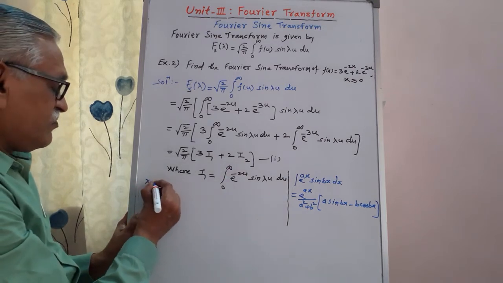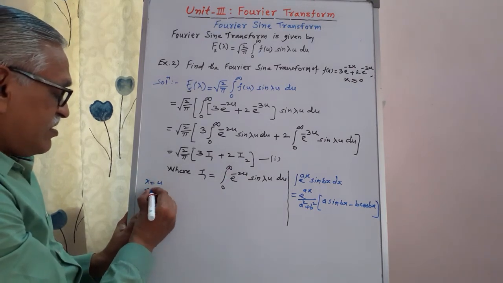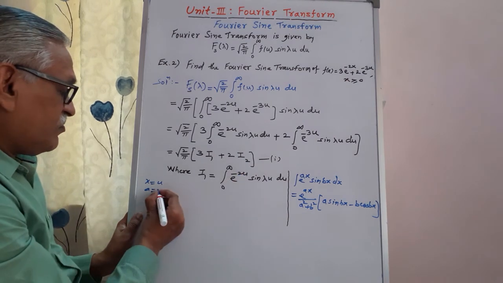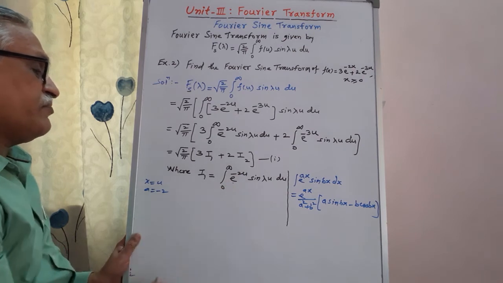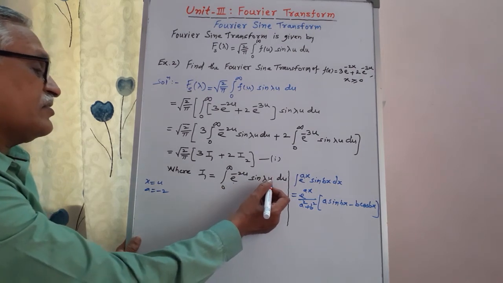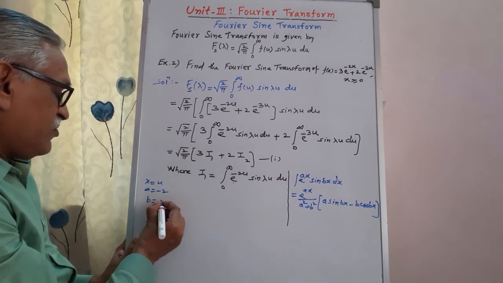To apply this, compare and get the values of a and b. x is here u, the coefficient of u, we get minus 2 from this term, so a is minus 2. Sin of bx, b is therefore lambda.